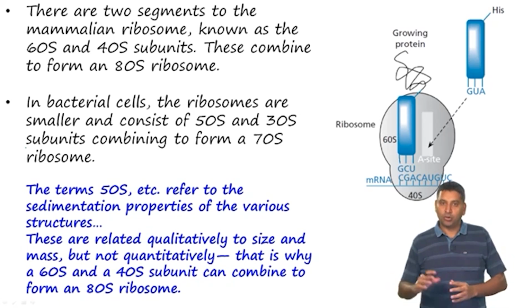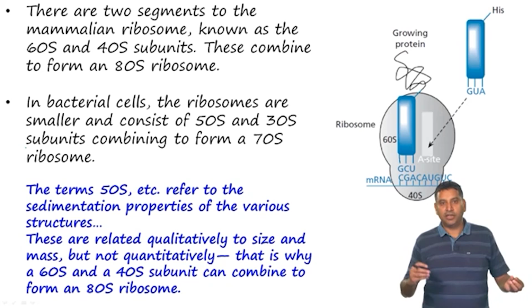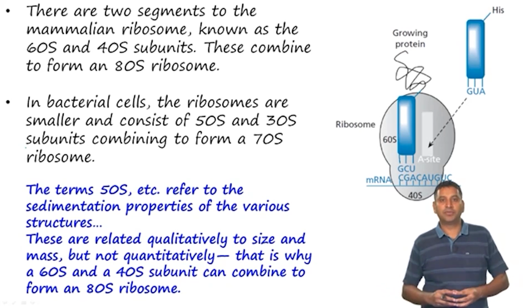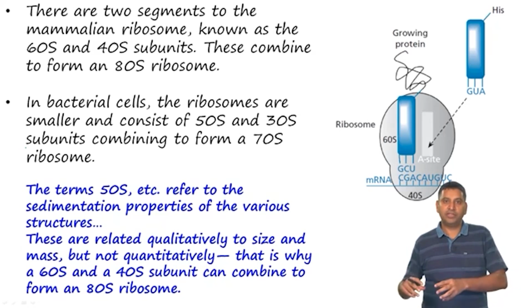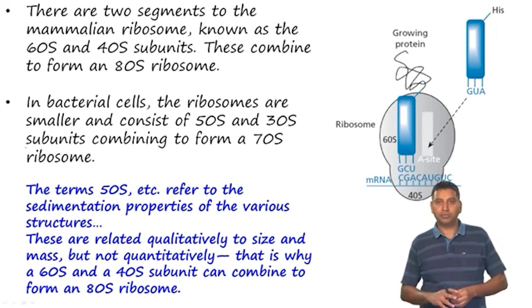These are related qualitatively to the size and mass, but not quantitatively. That is why a 60S and a 40S subunit can combine to form an 80S subunit. In bacteria, the ribosomes are smaller and consist of 50S and 30S subunits, combining to form a 70S subunit.